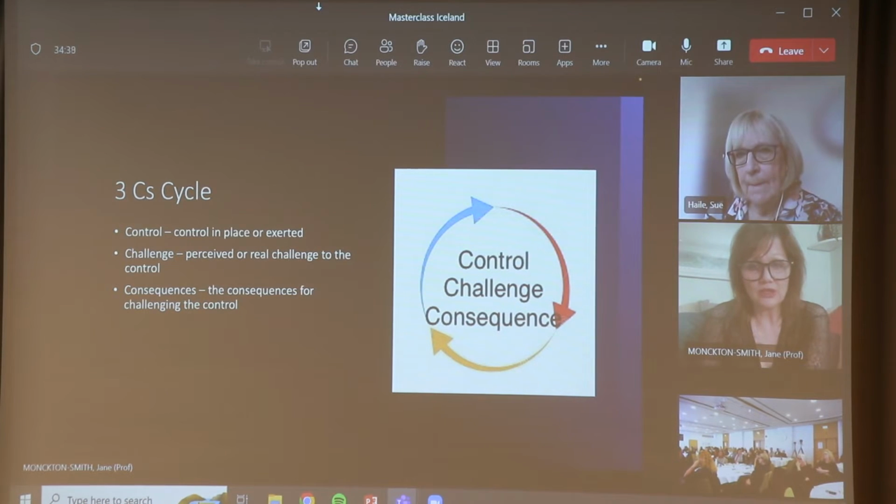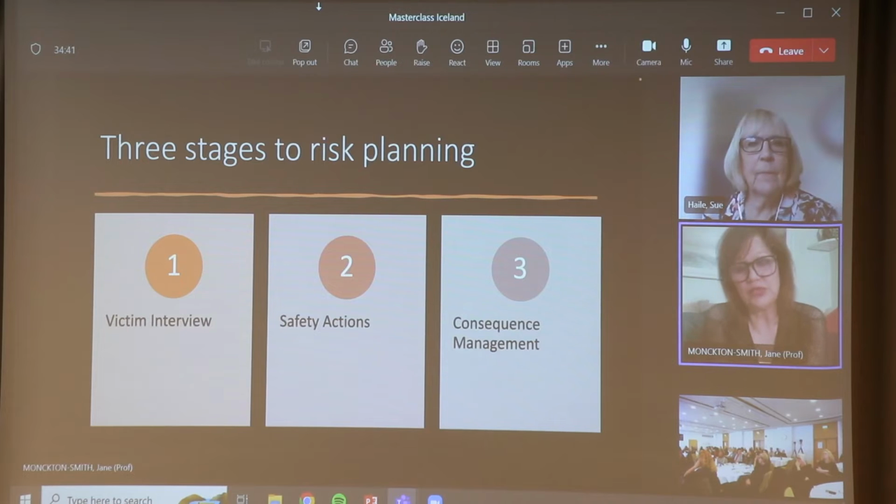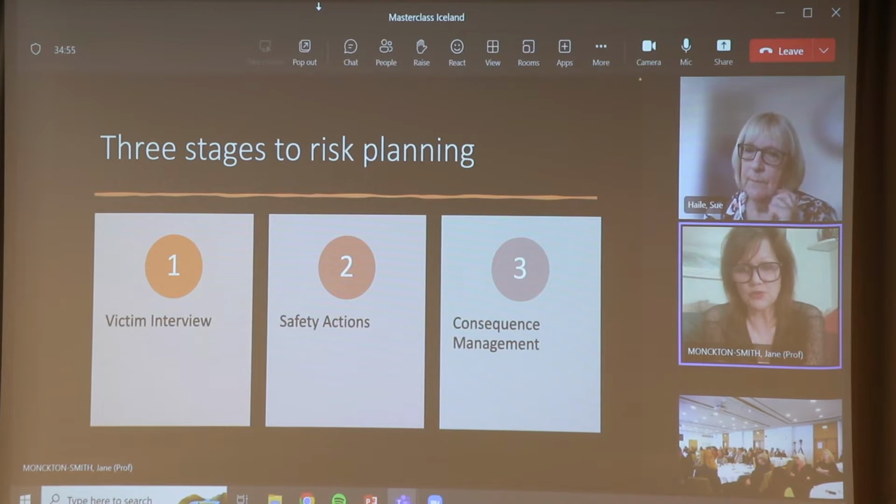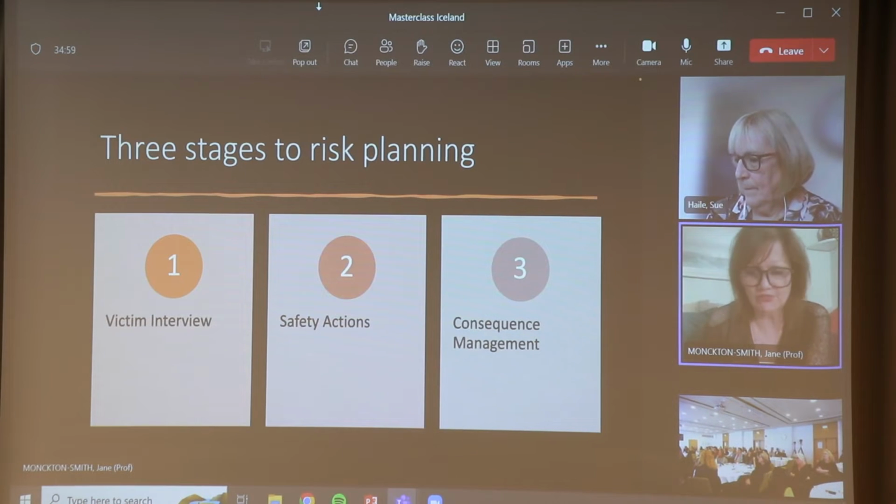So this is what we say about risk planning, knowing this. You'll interview the victim. Maybe you'll formulate some safety actions with that victim. So change the locks on your door, or get a protective order, whatever your advice might be.